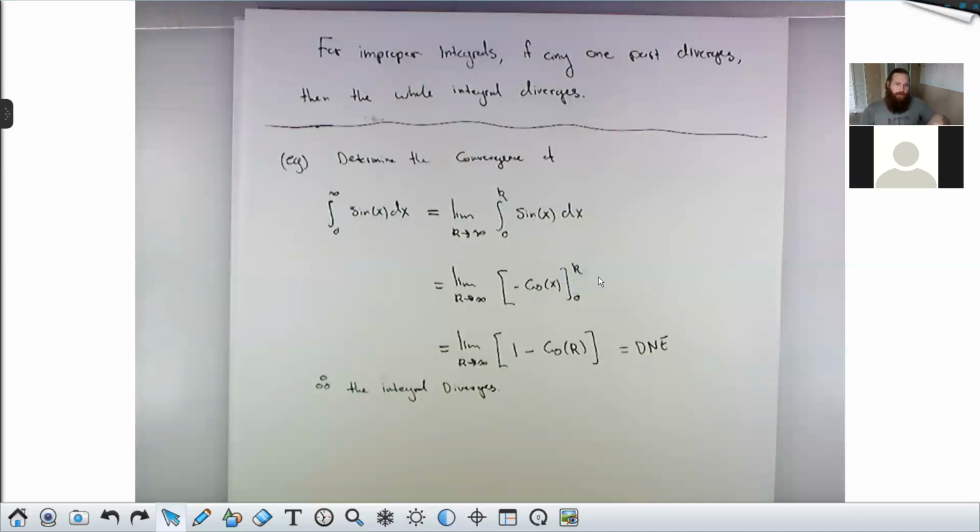The area is bouncing back and forth between 0 and 1. So we end up with this oscillatory nature that depends on where you stop integrating, so you don't get the closer and closer behavior that we associate with a limit existing. And indeed, the limit doesn't exist, which means the integral diverges.